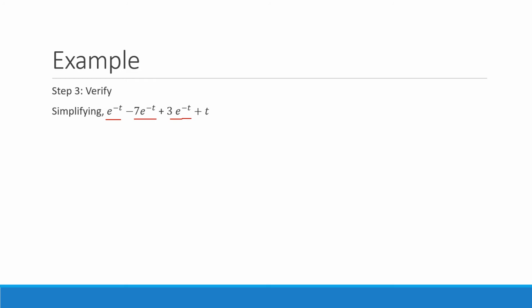So 1 e to negative t minus 7 e to negative t plus 3 e to negative t gives us negative 3 e to negative t, and then we have our t. And that's how we get our simplification here. So from this, we can say that y of t is a solution of the given differential equation, and we were able to verify that.